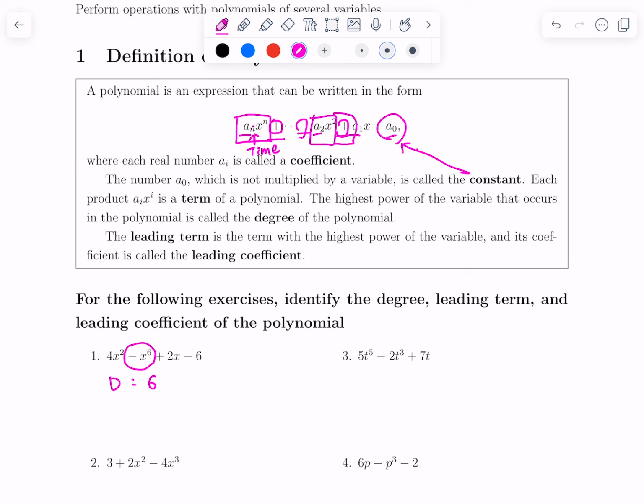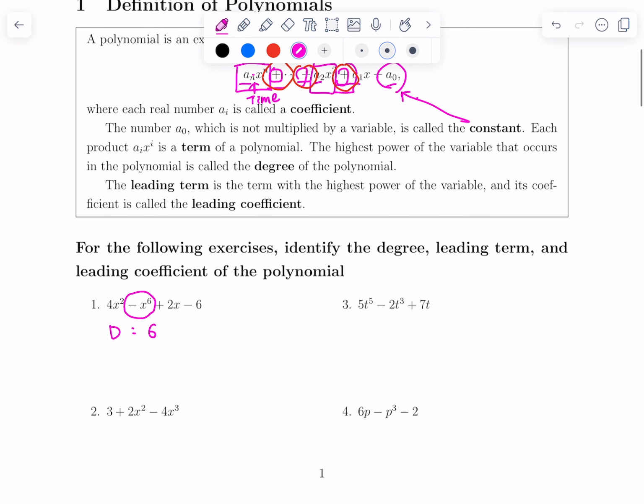They're all plus signs. But here it is a minus sign, which implies we got a leading term over here. It is negative x to the power of 6.